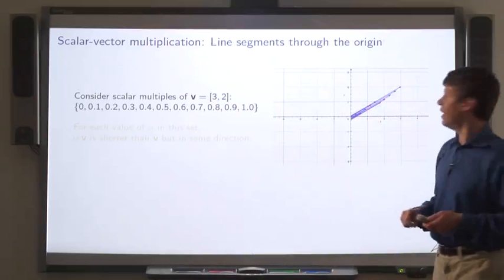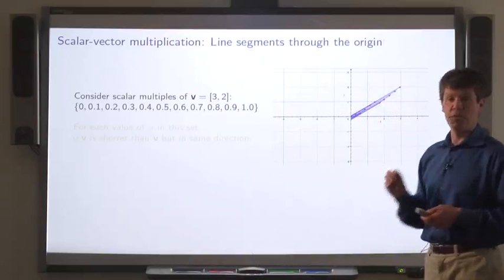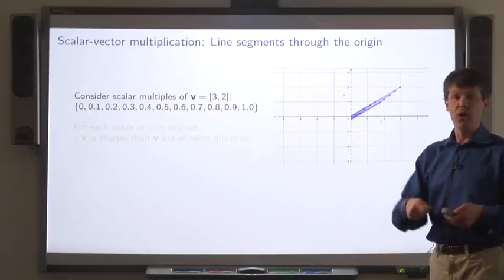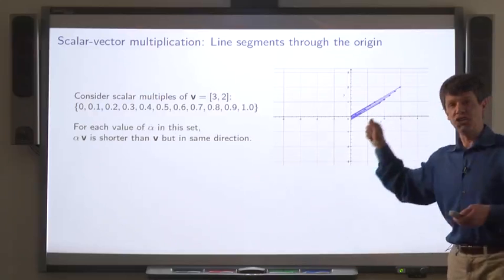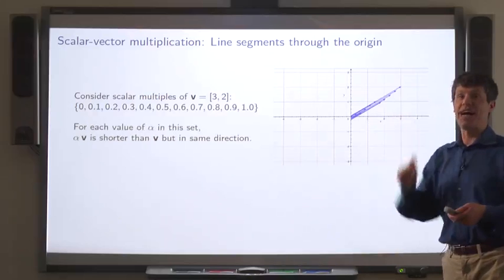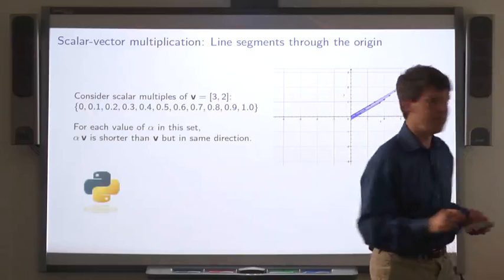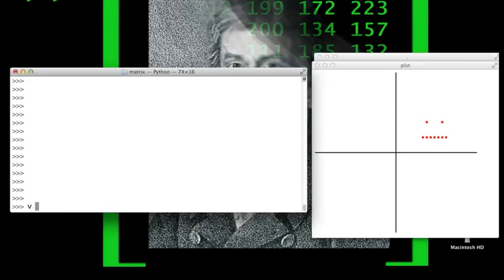Now, let's start with a vector v, say [3, 2], and consider a whole bunch of scalar multiples using scalars ranging from 0 to 1. Each scale gives you a different size arrow in the same direction. So let's try that in Python. We start with a vector v, represented as a two-element list.